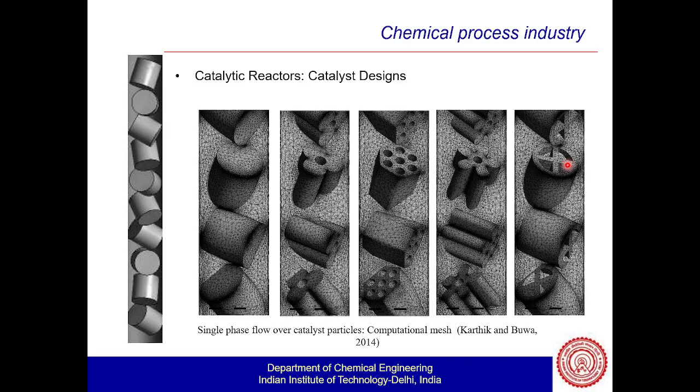As you have seen earlier in mass transfer operations, we use this kind of Raschig ring kind of thing in order to have a much higher specific surface area. These things you can quantify by using CFD.